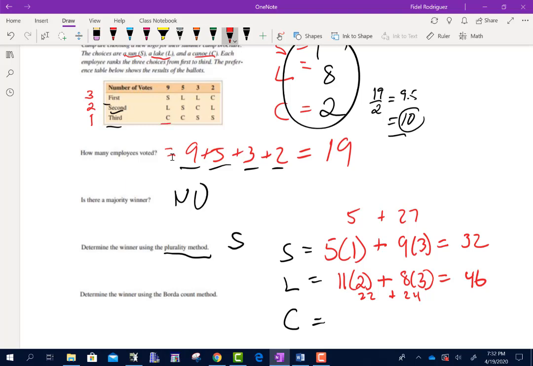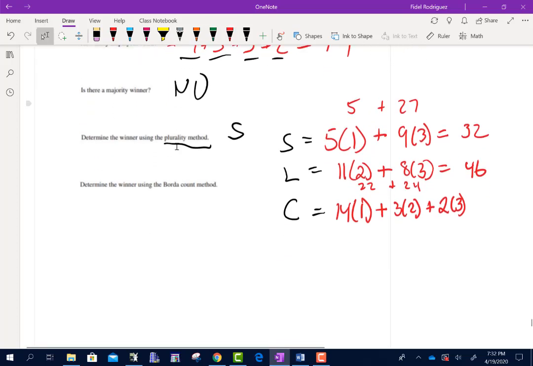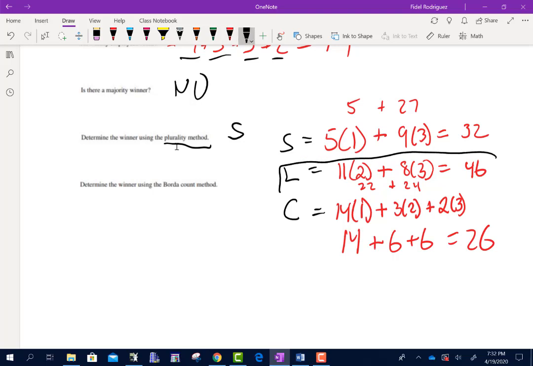The canoe had 9 and 5, that's 14 third place votes. They had 3 second place votes, and they had 2 first place votes. So that's 14 plus 6 plus another 6 would be 26. So using the Borda count method, the lake is the one that had the most. So that would be my winner, using the Borda count method.